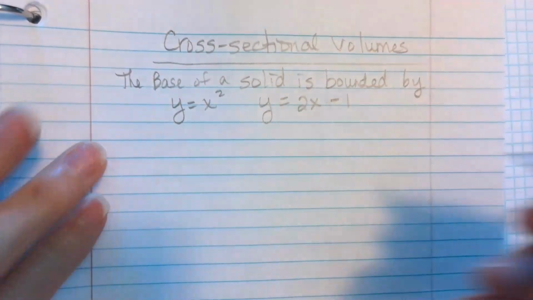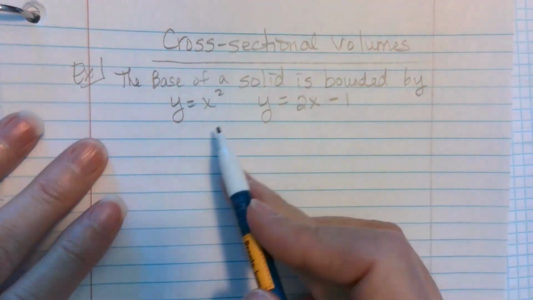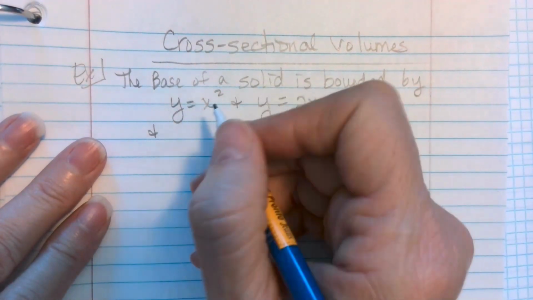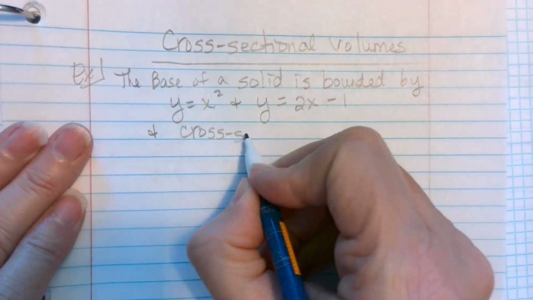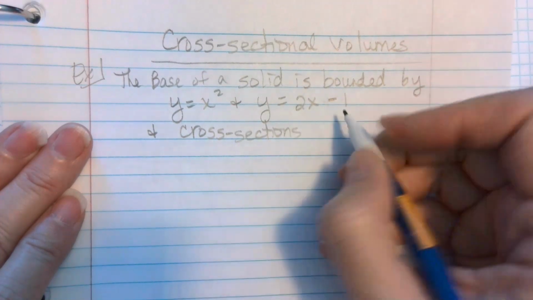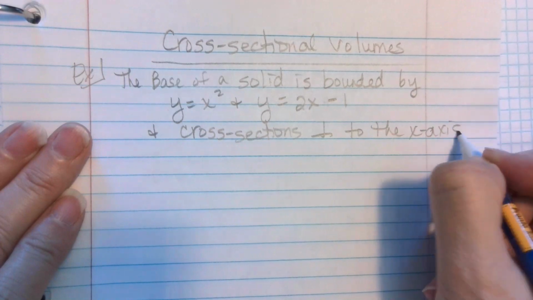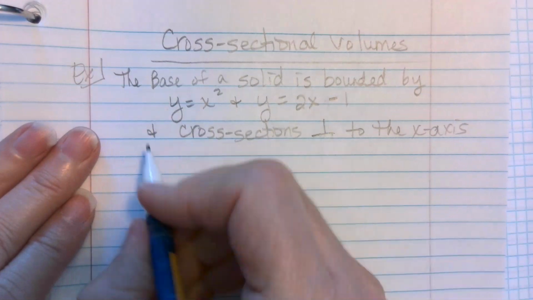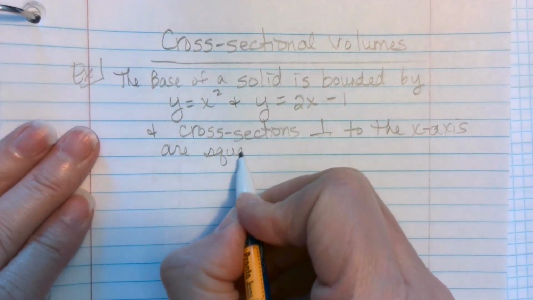Well, we know what y equals x. And then it'll give you an extra little, because it is called cross-sectional volumes. It'll say the base of a solid is bounded by these two graphs, and cross sections perpendicular to the x-axis are squares, the easiest one.